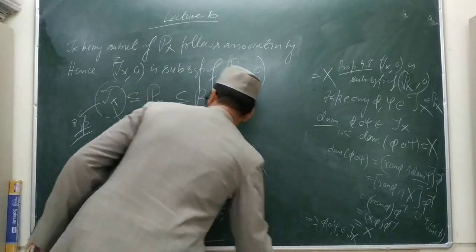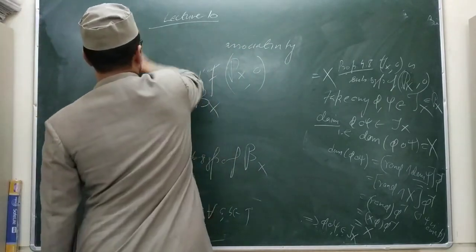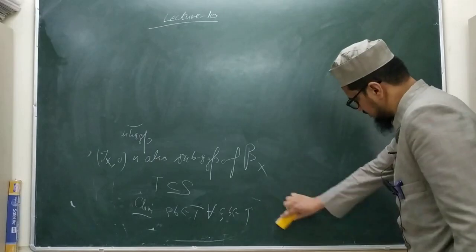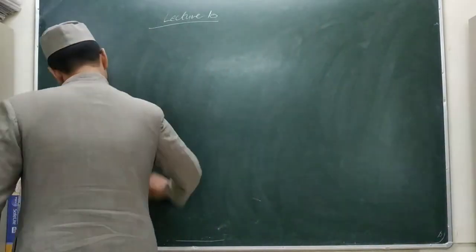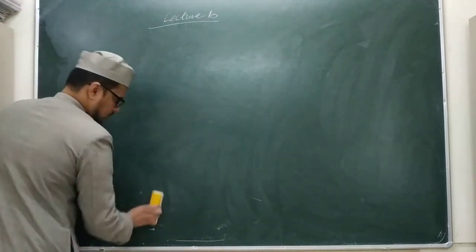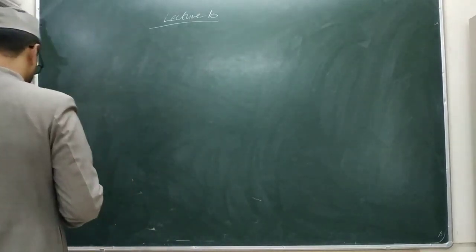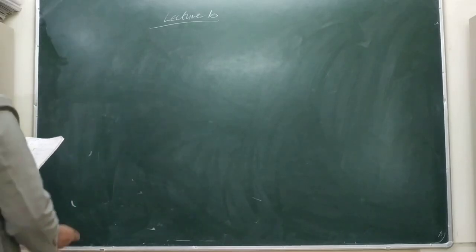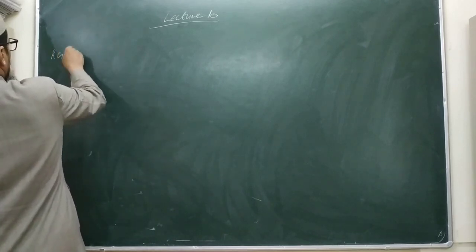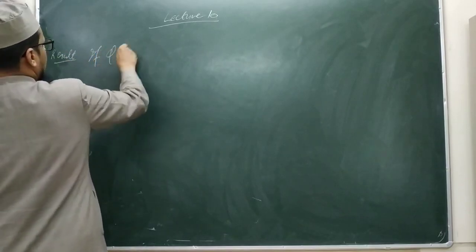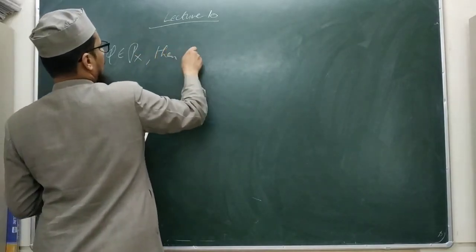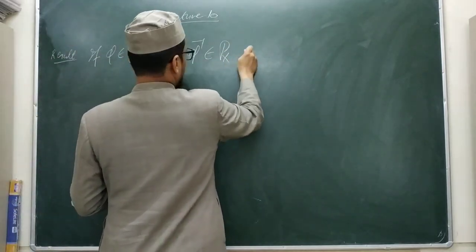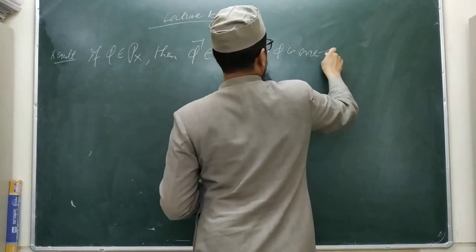Now we move to another result. If phi belongs to Px, then phi inverse belongs to Px if and only if phi is 1-1.